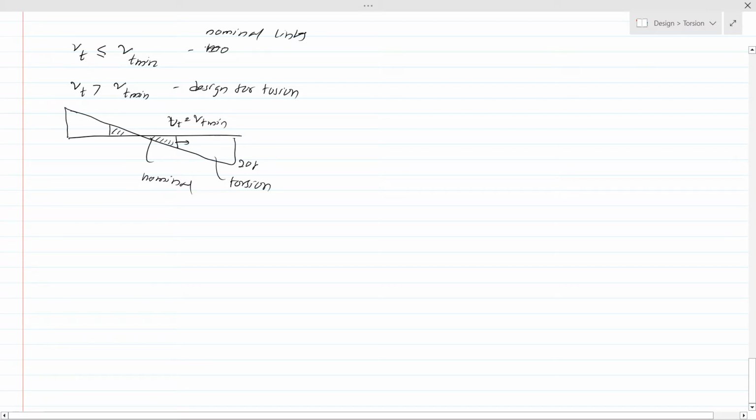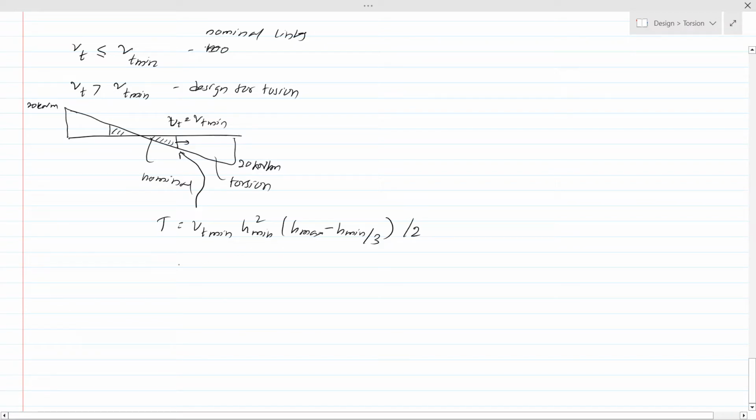Here the torsional moment will be 20 kilonewton meter. Here also 20 kilonewton meter. So how can we calculate this value? The code has provided an equation for this. The torsional moment is given by T equals VT minimum times H minimum squared into H max minus H minimum divided by 3, whole thing divided by 2.